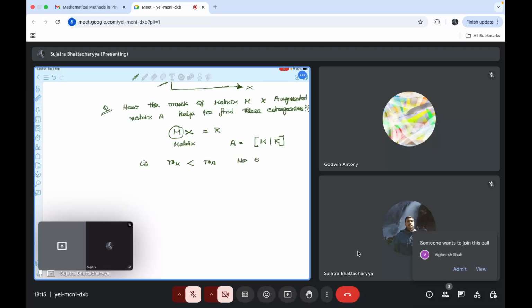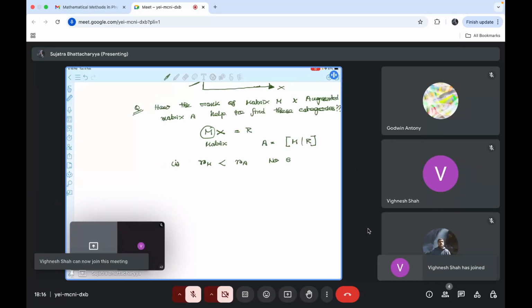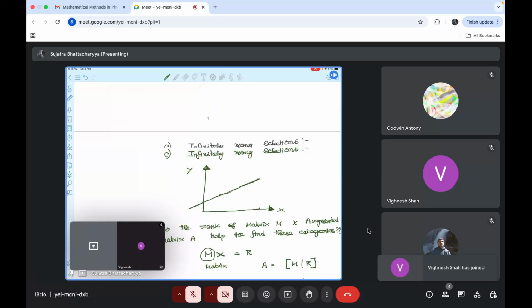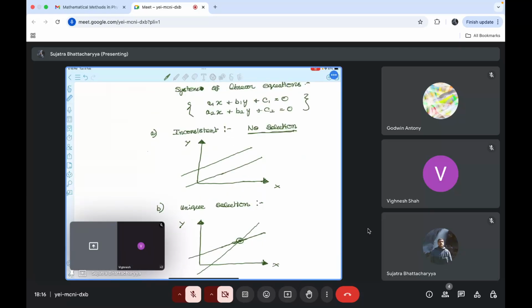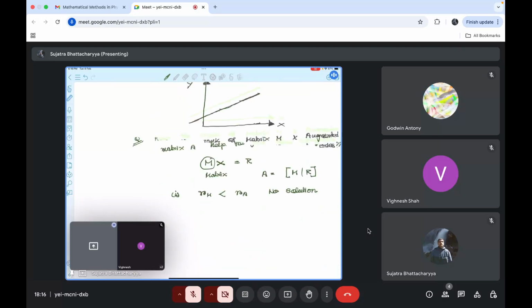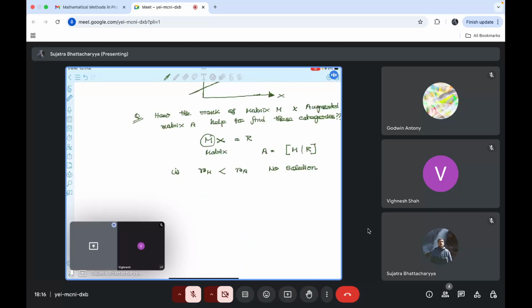The category of this one, kind of a parallel lines thing, is inconsistent or has no solutions if the rank of the matrix is less than the rank of the augmented matrix. This is the number one observation.